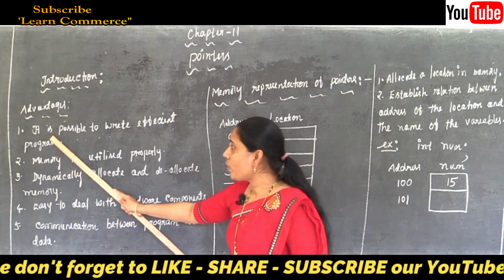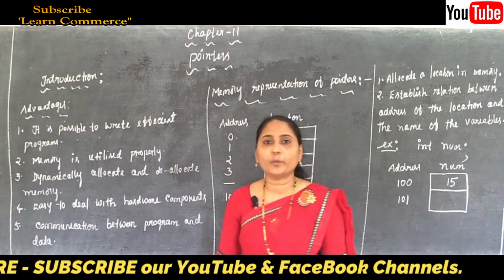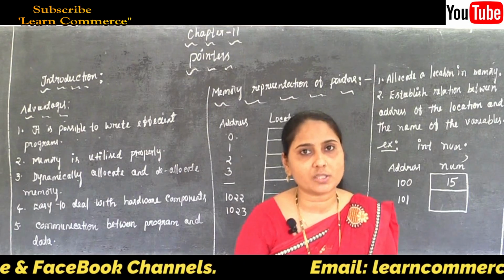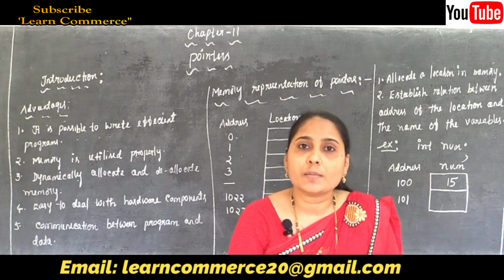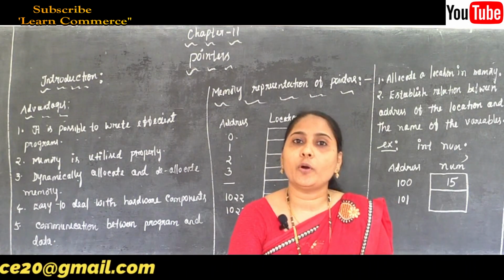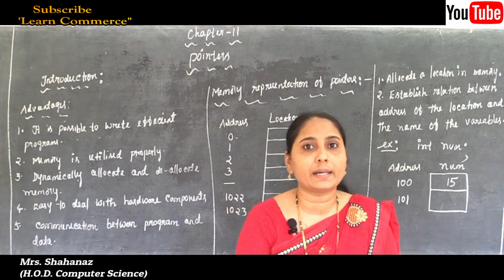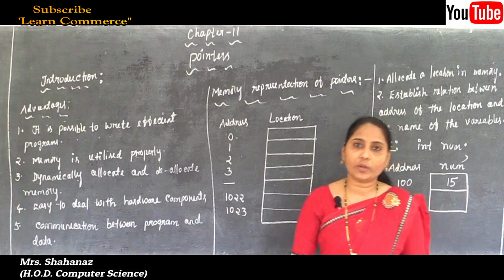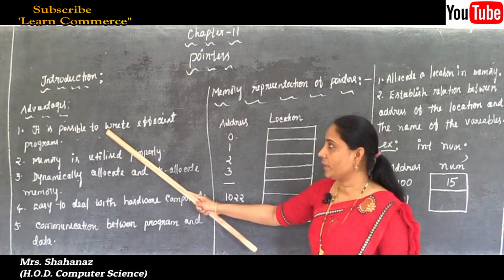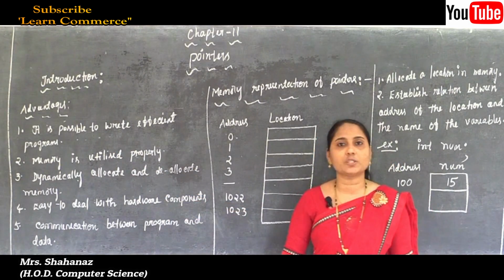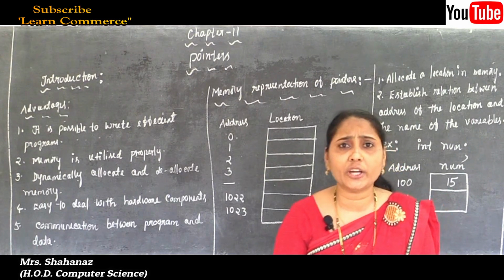It is possible to write efficient programs, that means by using the concept of pointer, we can write efficient programs here. So the first advantage of the pointer: it is possible to write efficient programs.